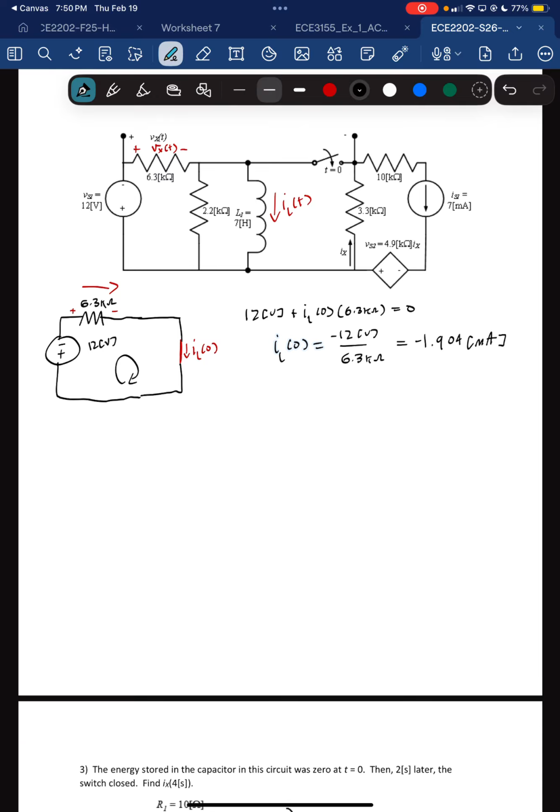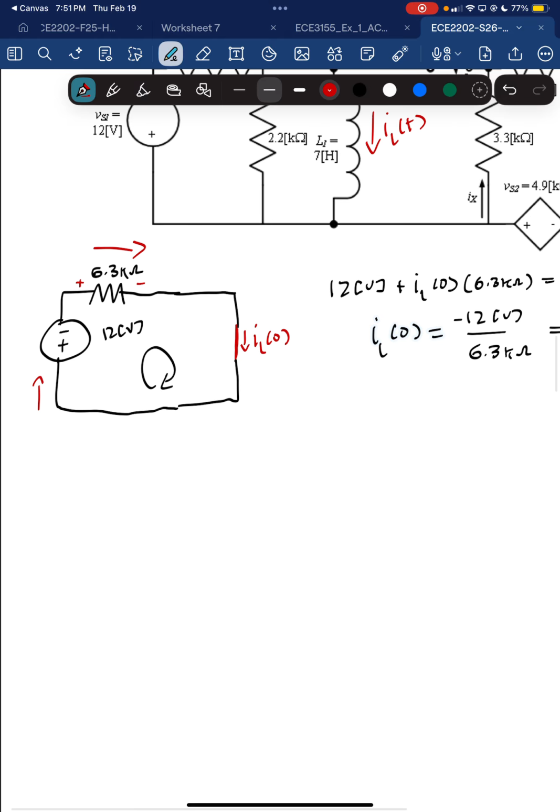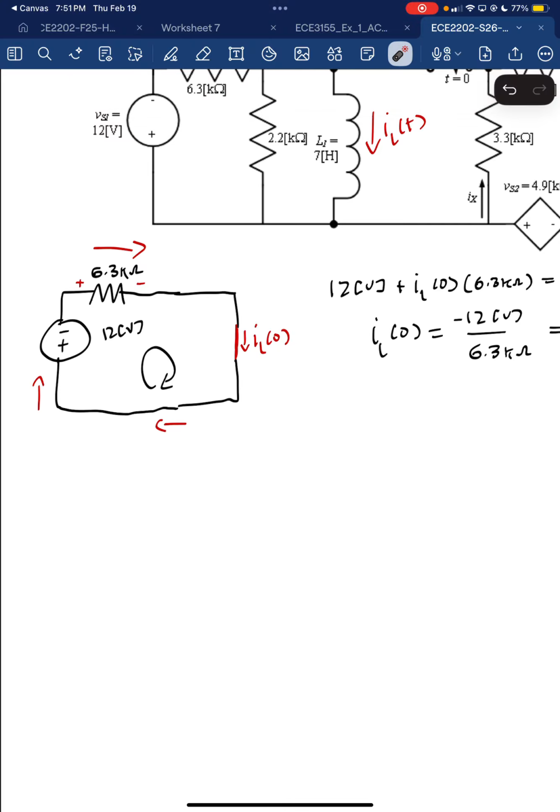So we did KVL, so the current's going inside the positive, out the negative, and then it enters the positive again because of convention. Yeah, so because this current IL of 0 is defined to be going into the positive terminal of the battery, that doesn't affect the KVL for the battery, right? When we go around in a circle, we still hit the positive terminal first, so that's why we put positive 12 volts.